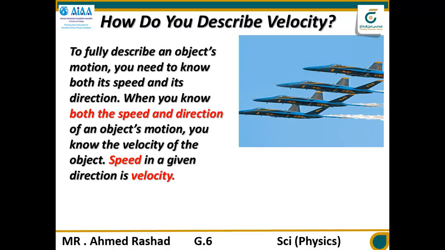But if I give only the number of meters per second, like 120 meters per second, that's speed only. That's just the number of speed. But when I talk about the direction, like forward or south or east, and I put the direction with the speed number, that's called velocity.